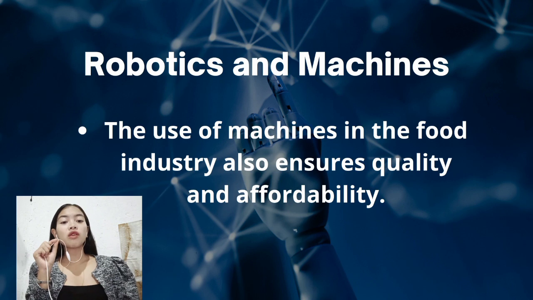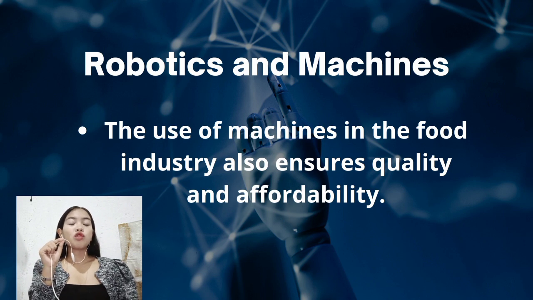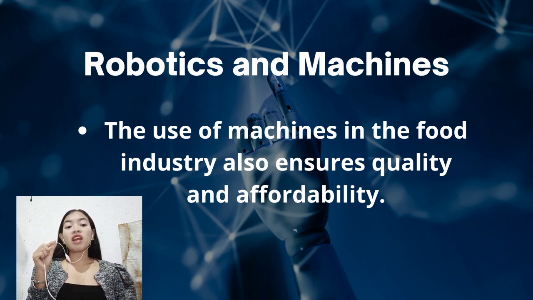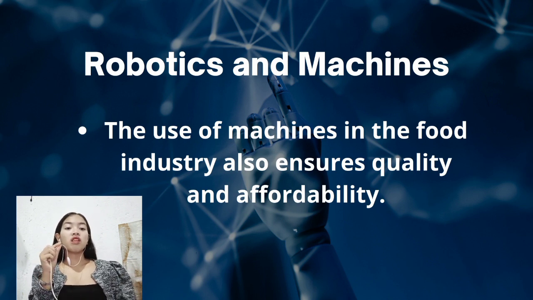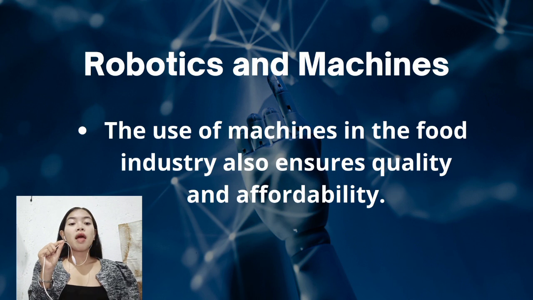Okay, so according to the report, the rise of robotics in the food industry is a tangible example of food technology. So robotic machines can also help eliminate safety issues for the more dangerous jobs in the food industry. Okay, so in 2016, a tech company rolled out a program for butchery.